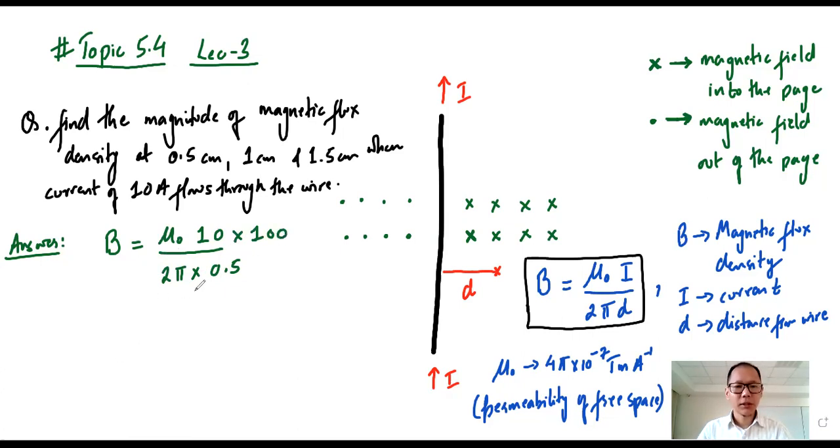Okay, so you see here that the above values are constant and 2 pi is a constant. So the only factor affecting the magnetic flux density here is the distance. Okay, so basically then what I can say is flux at 0.5 is some constant, which I will just represent by W here, divided by 0.5, right?